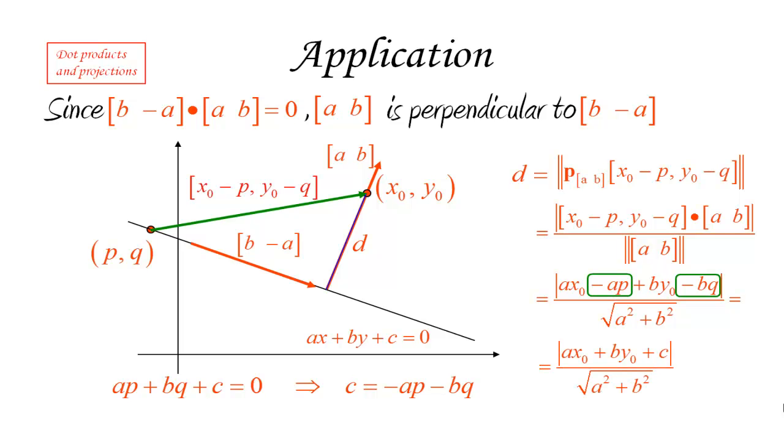So the formula can actually be simplified to this form: the absolute value of a x0 plus b y0 plus c, divided by the square root of a squared plus b squared. And that is the formula we're after.